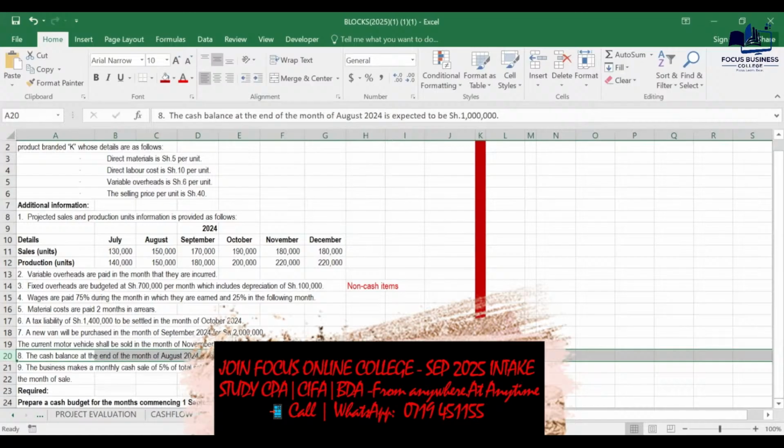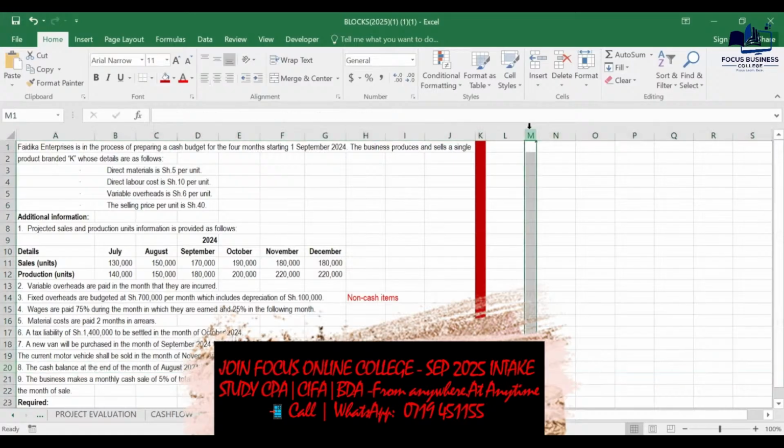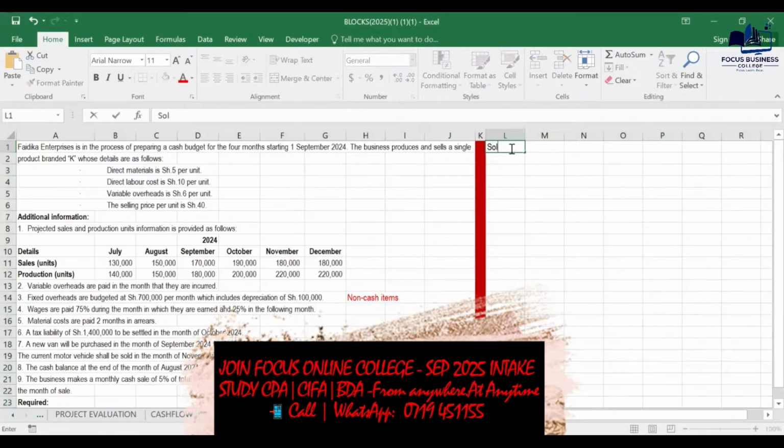So maybe in this case, we have some few workings we need to do before we can proceed to prepare our cash budget.